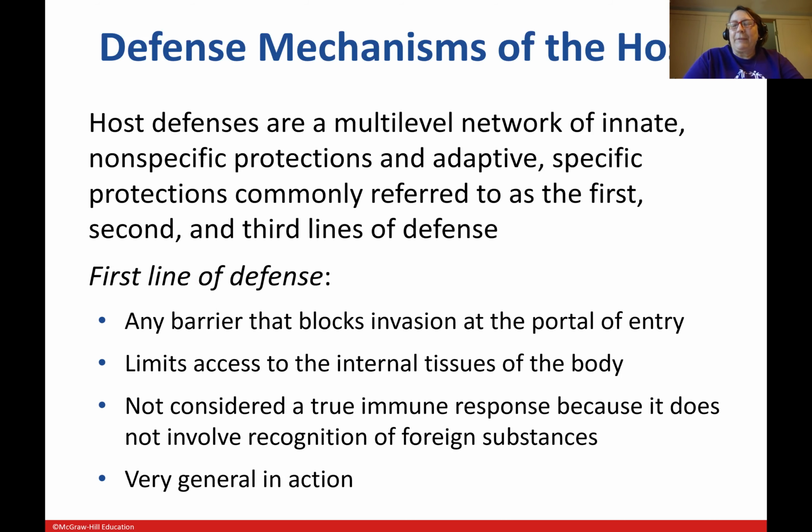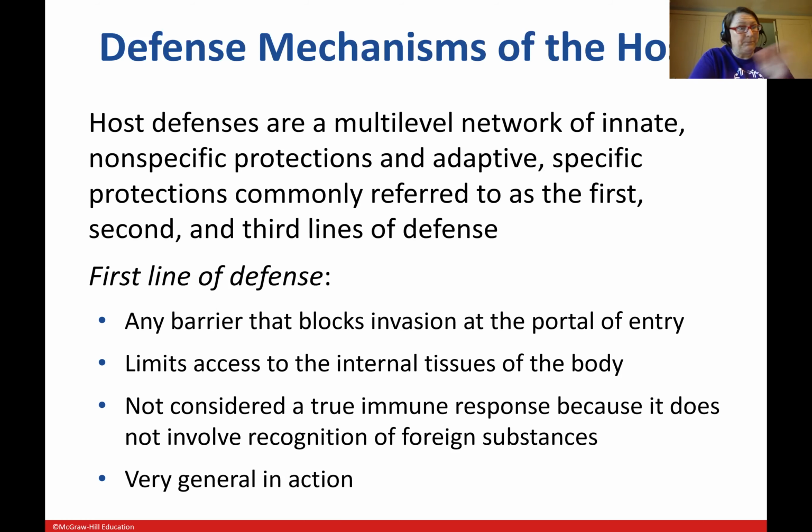So we talk about 3 different lines of defense. The first line of defense is essentially a barrier. It's any barrier that blocks invasion at the portal of entry. So here, you're not even fighting off the particular pathogen, you're simply not letting it get in there in the first place. It limits access to the internal tissues of the body. It is not normally considered a true immune response because it really doesn't involve the recognition of any foreign substances.